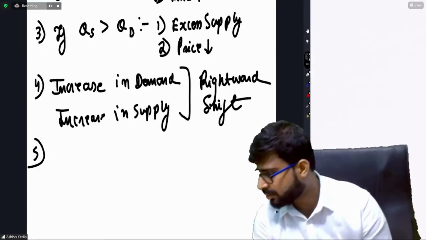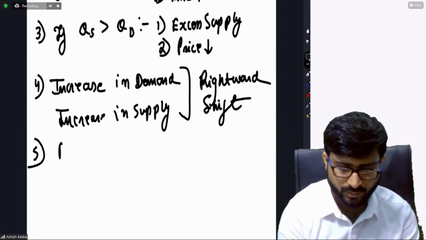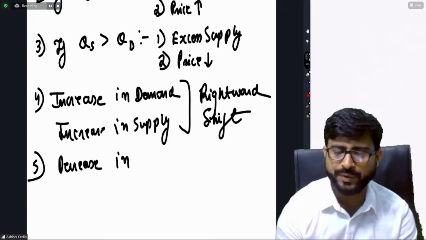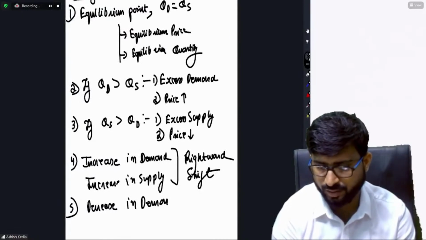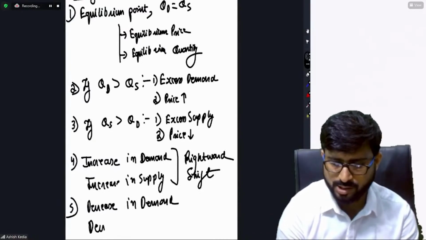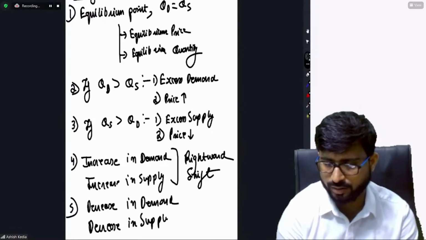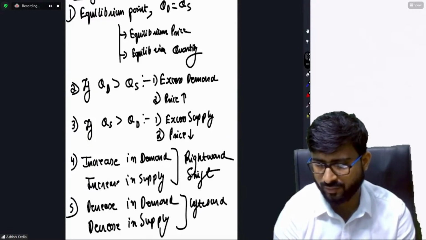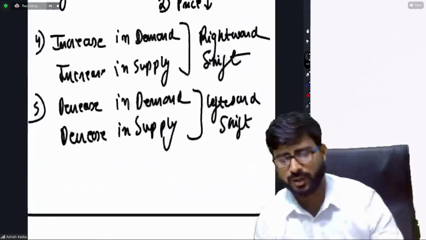Number 5, I hope you all are copying it down. Decrease in demand, decrease in supply, leftward shift. I hope you all have written it down.